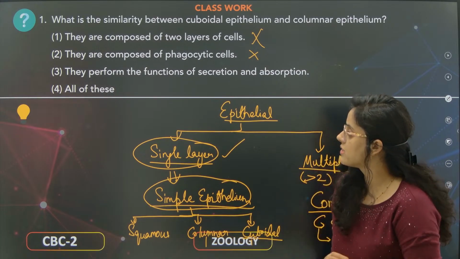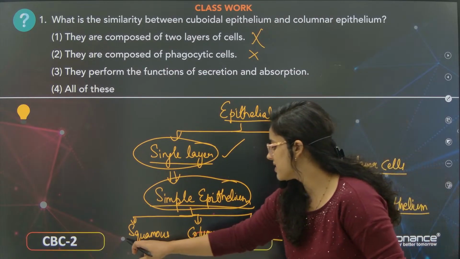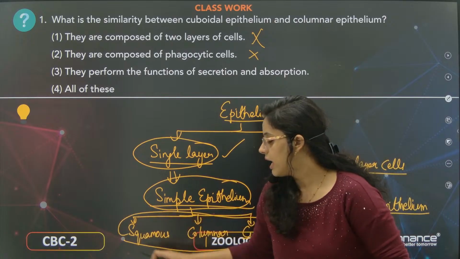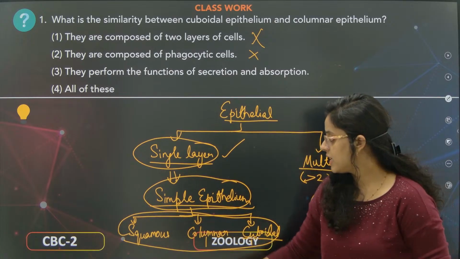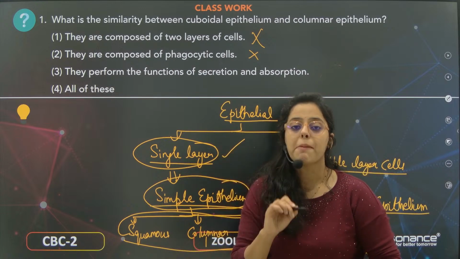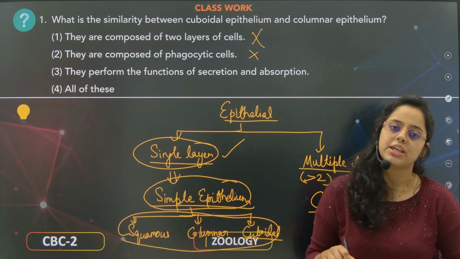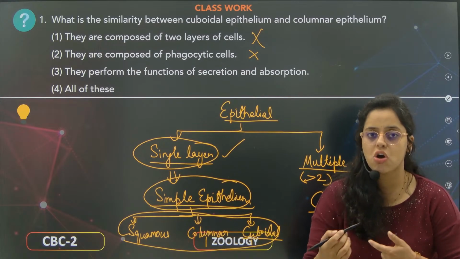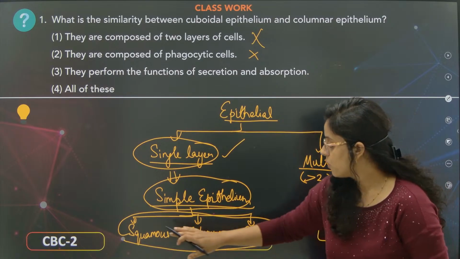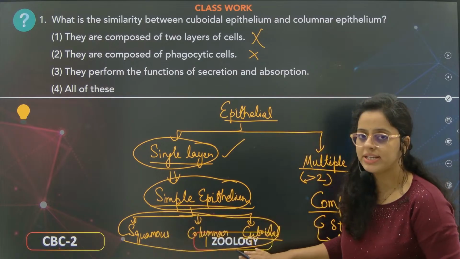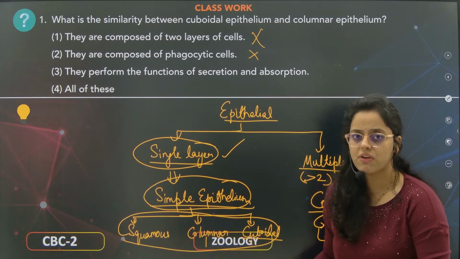Okay. So next, the third statement: they perform the function of secretion and absorption. Just now I have explained these three cells are involved in secretion and absorption. If you see, squamous epithelium is present in the inner lining of the capillaries and the inner lining of the alveoli, which helps in exchange and diffusion of gases. So the role of squamous, columnar and cuboidal is generally secretion, absorption and exchange of gases, right?